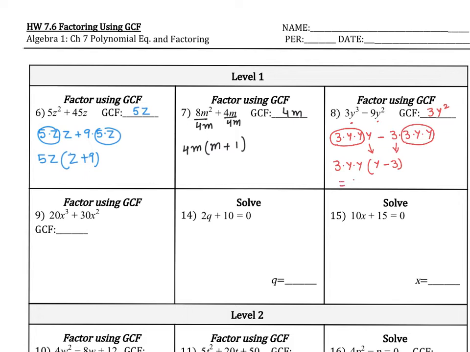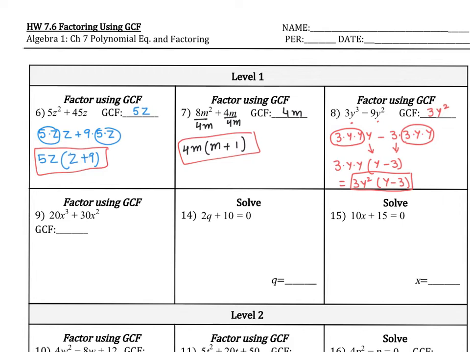So the answer is 3y squared times y minus 3. And that is the factored form of this standard form: 3y squared outside, inside y minus 3.